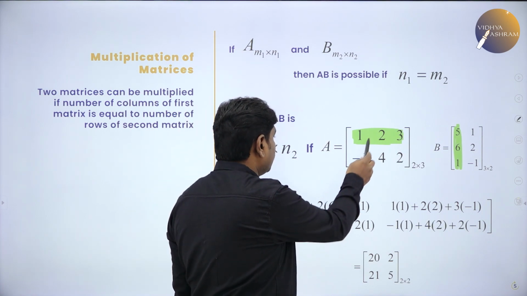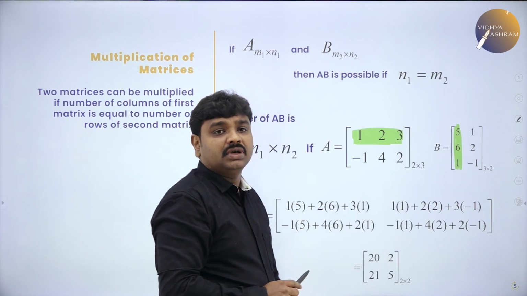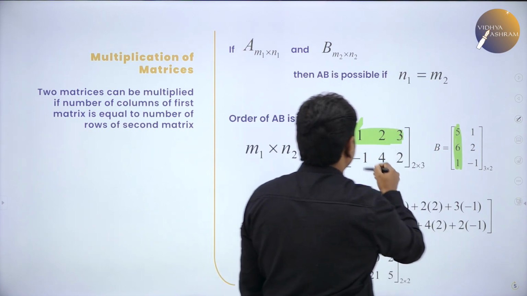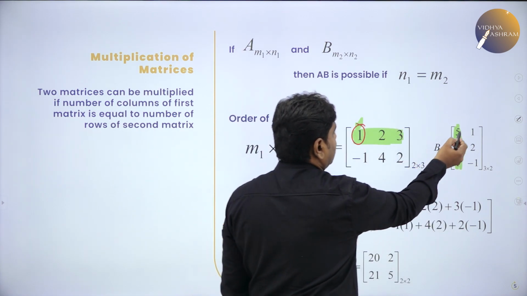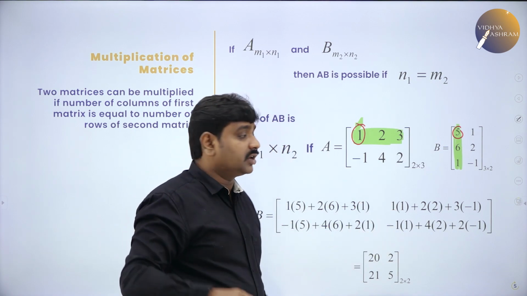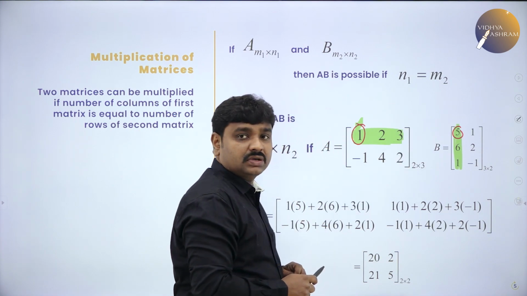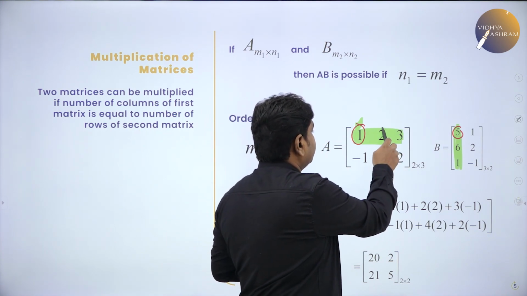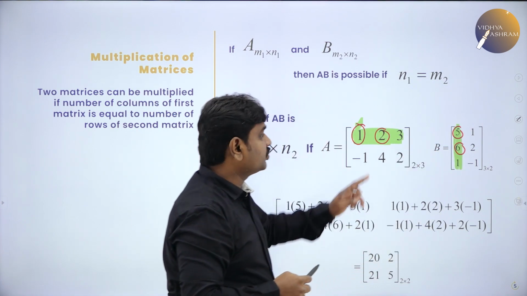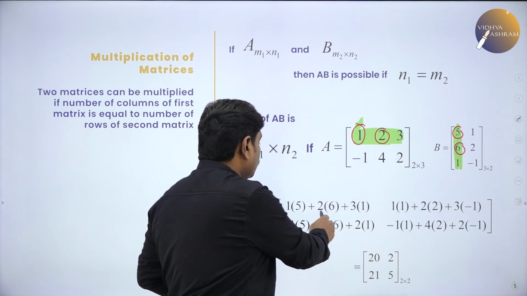First row first element is 1, first column first element is 5, so 1 into 5. Then multiply first row second element with first column second element: 2 into 6.